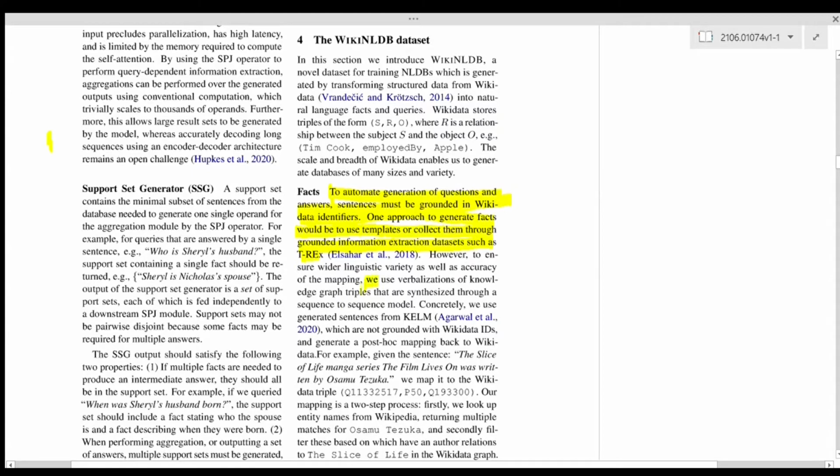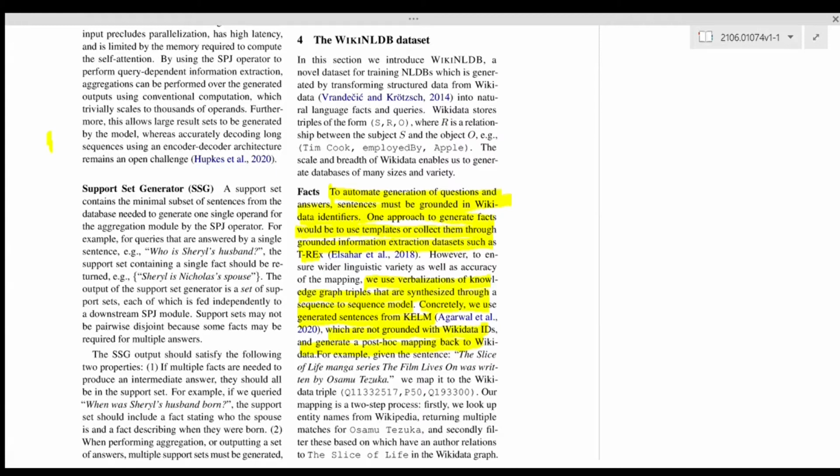We use verbalization of knowledge graph triplets that are synthesized through a sequence-to-sequence model. Concretely, we use generated sentences from KELM which are not grounded with Wikidata IDs, and generate a post hoc mapping back to Wikidata.